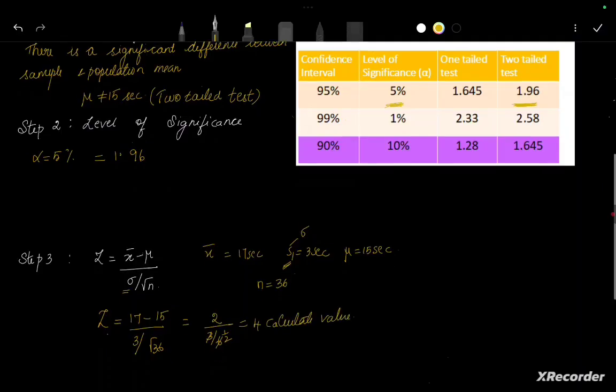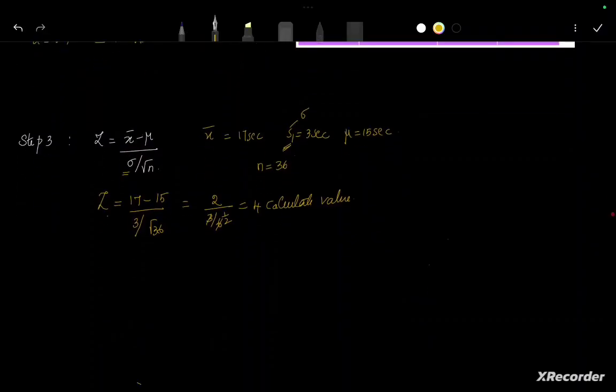Step 4: you compare the table value and the calculated value. The table value was 1.96 and your calculated value is 4. If the table value is greater than your calculated value, we accept H0.